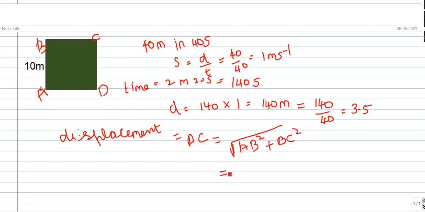So this is root of 10 square plus 10 square. So this is root of 200. So we get it as 10 root 2 meters. So this is the displacement of the farmer at the end of 1 minute and 40 seconds. I'm sorry, this is the displacement of the farmer at the end of 2 minutes and 20 seconds, which is 140.